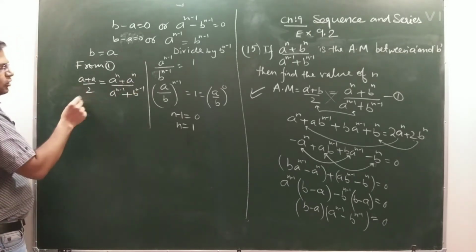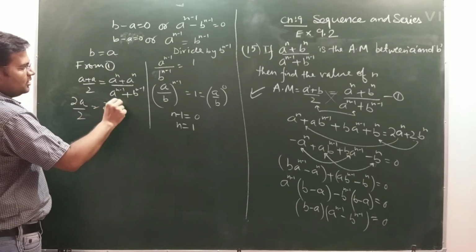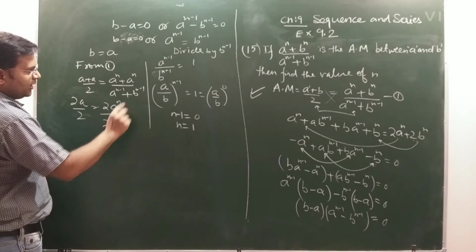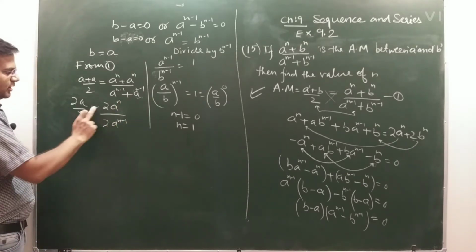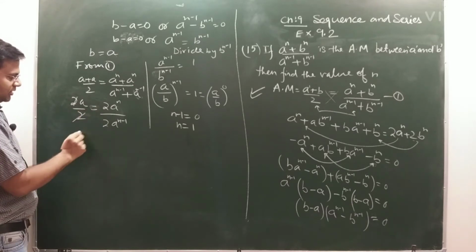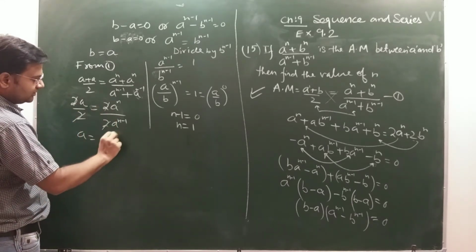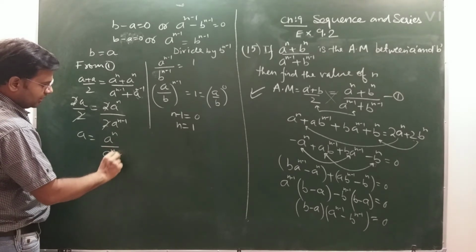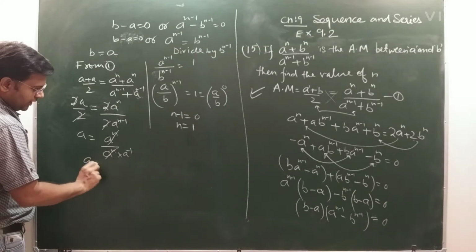So you see what happens: this is 2a upon 2, and this will become 2a^n upon 2a^(n-1). The 2s cancel, and you can write this as a^n upon a^(n-1) into a. So a^n also got cancelled, and a equals a.